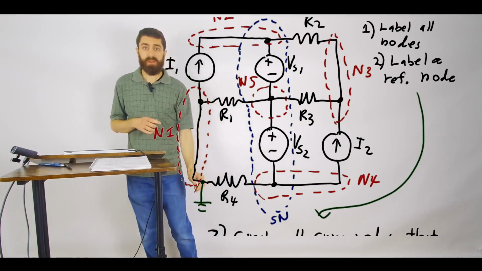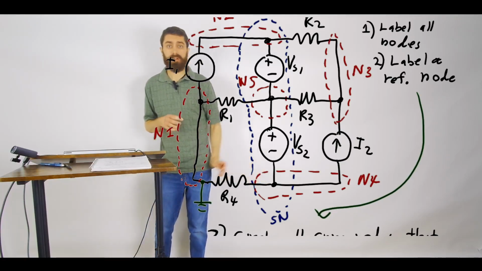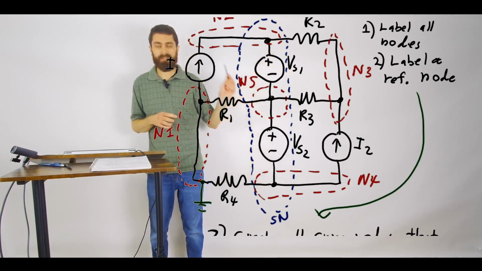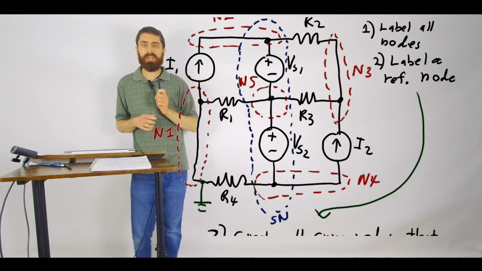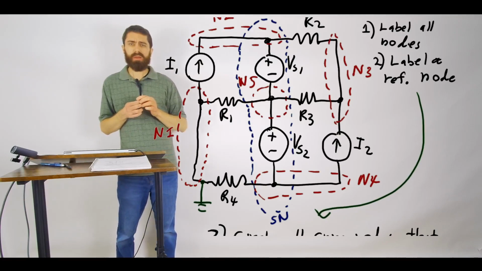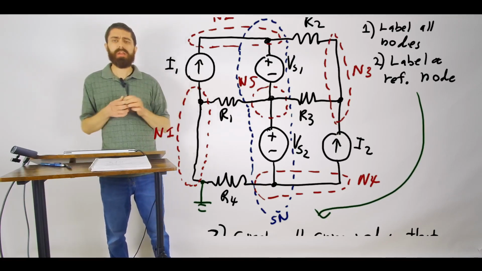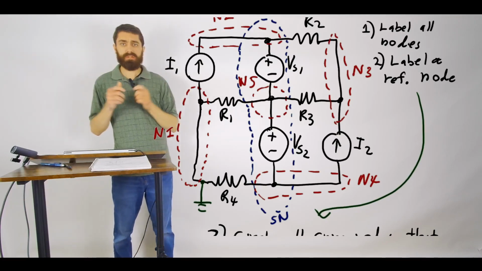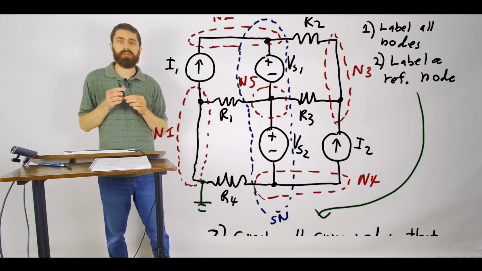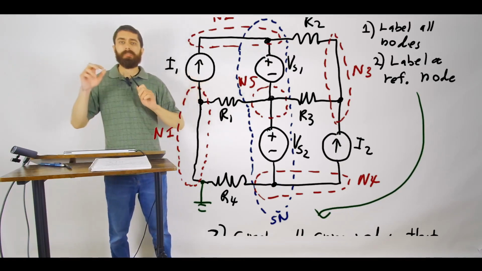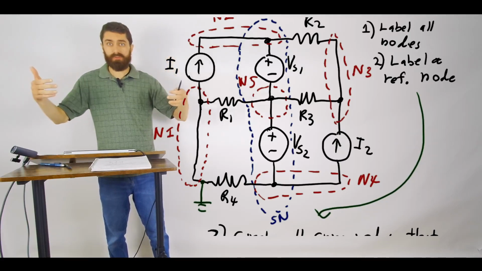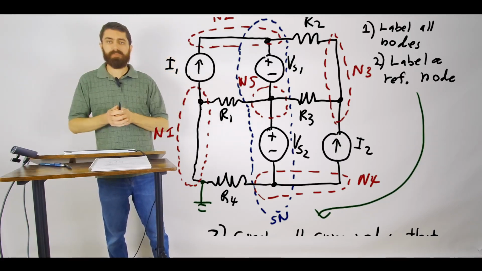If we had defined our reference node over here, which we could, then the supernode would contain the reference node, and in that case we don't need to write a KCL equation for it. Not because we can't, but with the way the math works out, you wouldn't need to apply a KCL equation to that supernode. You would only need to apply KCL to all your other nodes, and that would give you enough information to solve the circuit.